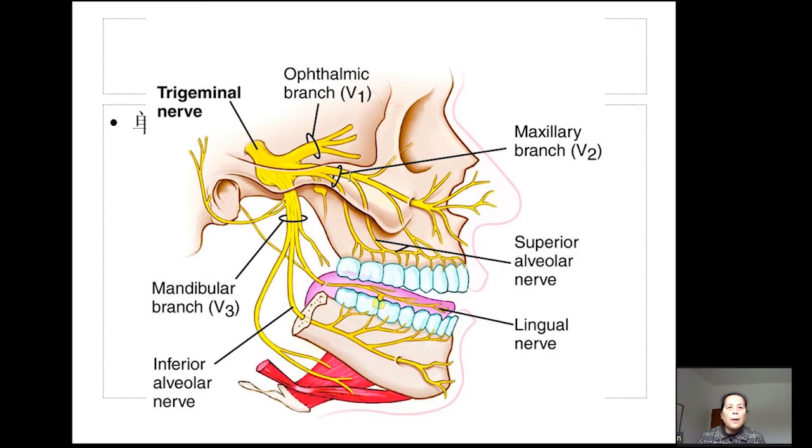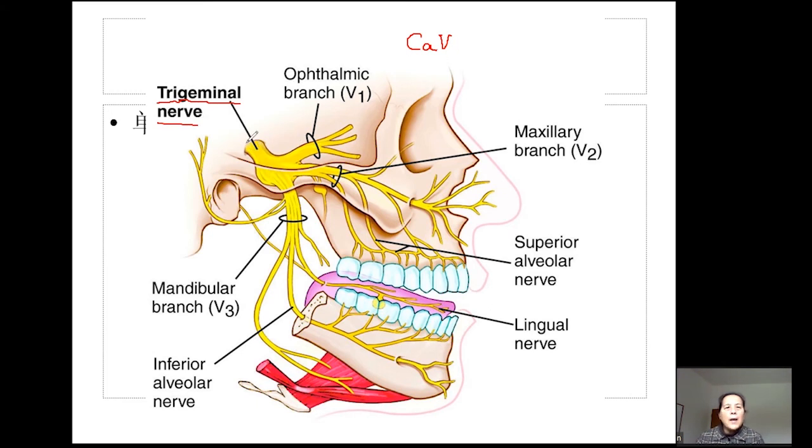A lot of people come in with pain, because the TMJ is pretty close to a nerve bunch, the cranial nerve number 5, the trigeminal nerve.